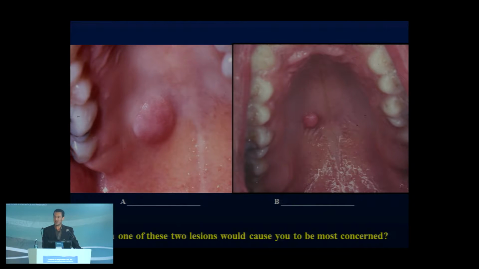And just on size alone, I would be more concerned about the one on the left versus the one on the right. So I'm trying to reinforce these concepts of size, shape, growth pattern, color, texture, okay? These are very important for differential diagnosis, as you can see. The one on the left was a salivary gland tumor on biopsy, and the one on the right was an irritation fibroma on biopsy. Okay?